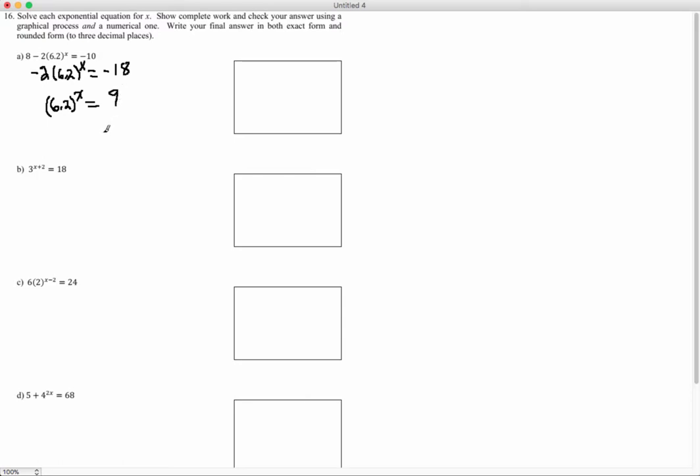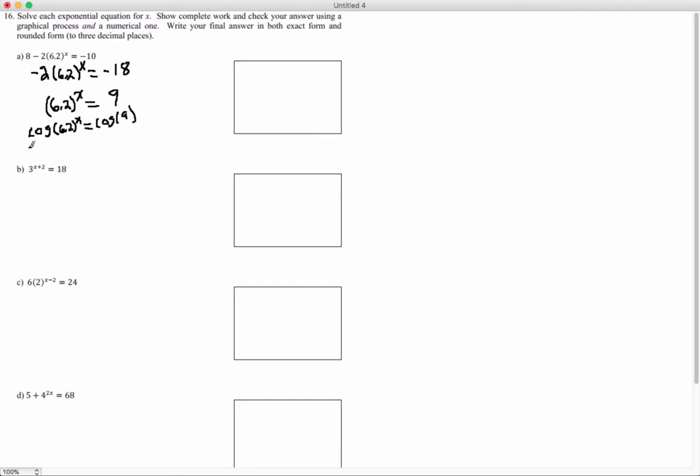Now, I need to get the x out of the exponent position. I'm going to go ahead and use the common log to do that. So I'll take the common log of both sides. And so that would be log of 6.2 to the x is equal to log of 9. And then that puts the x out front.